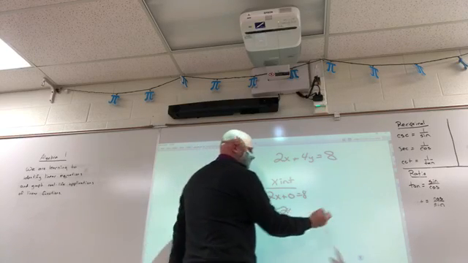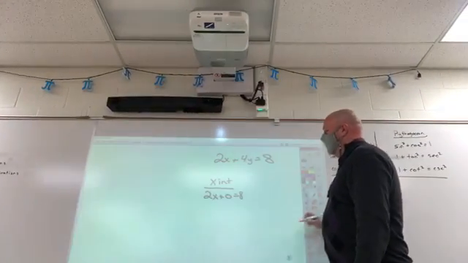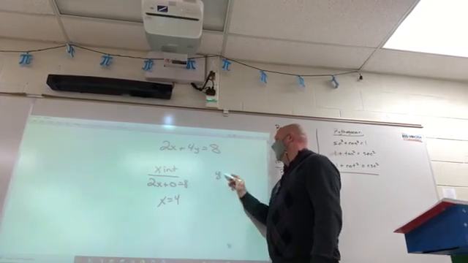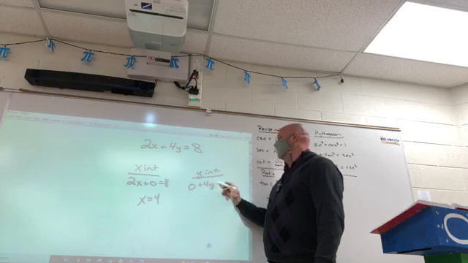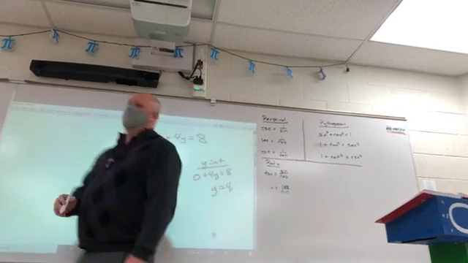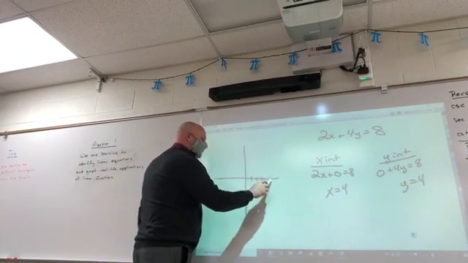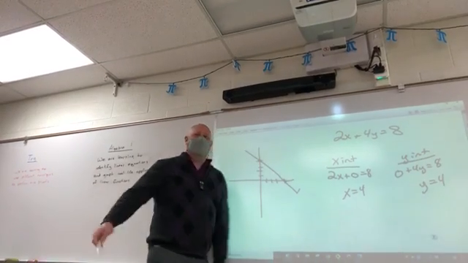So 2x equals 8, so x equals 4, right? And then my y-intercept, I make the 0 for the x. So 0 plus 4y equals 8. So y equals 4. So I go graph, and I go 1, 2, 3, 4, x-intercept 1, 2, 3, 4, and I move on to the next problem, right?